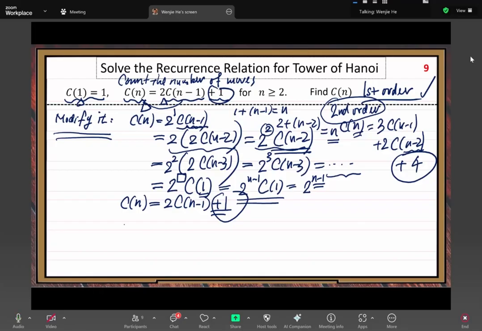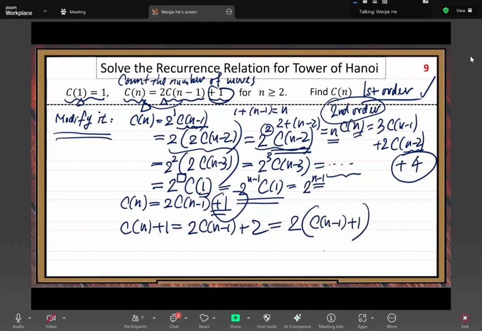This equation, can we add 1? C of n plus 1 equals 2 times C of n minus 1, plus 1, is it plus 2? Plus 1 plus another 1, plus 2. Can we factor that 2 out? 2 times C of n minus 1 plus 1.